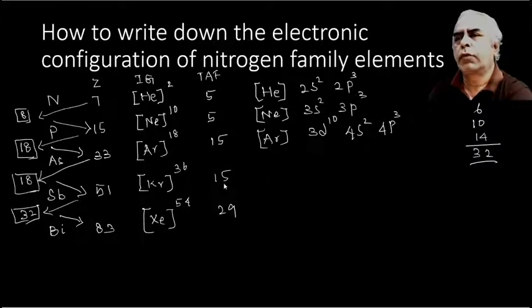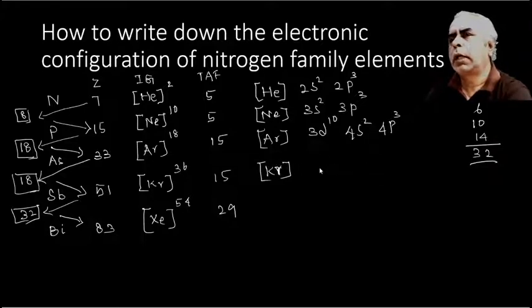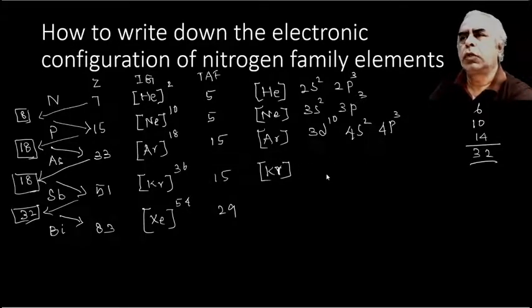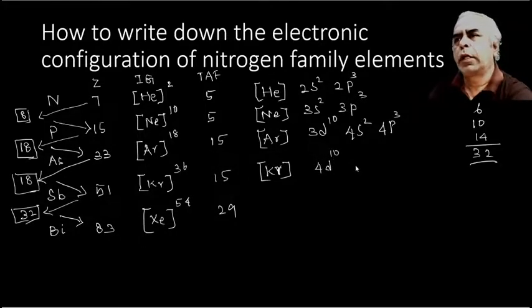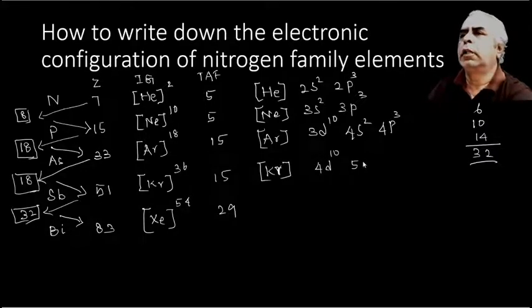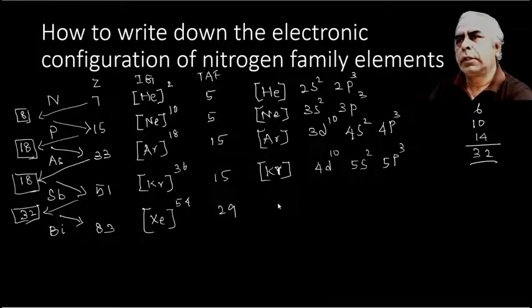Similarly, we have to account for 15 electrons, put krypton here, and what do we have to write? So 4d10, and write down the next electron level, that is principal quantum number, is it not? So 5s2, 5p3, and xenon for bismuth.